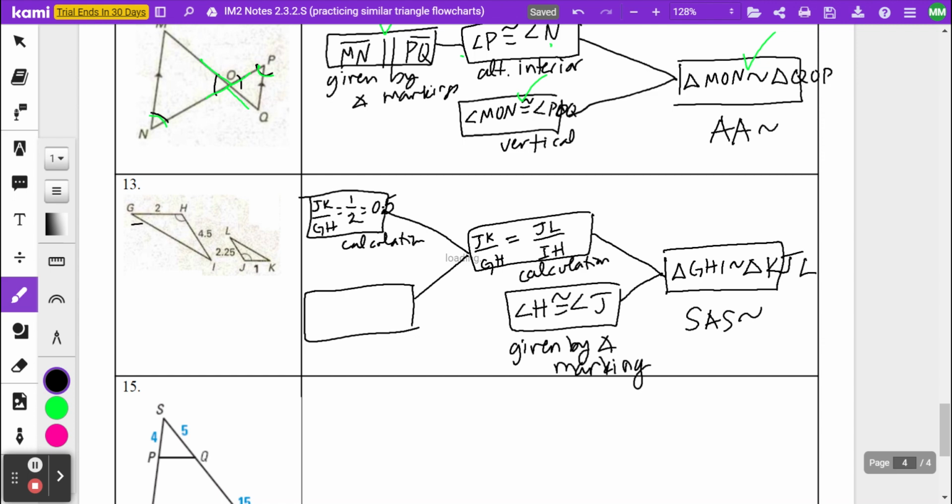All right, next I'm doing JL over IH, which is 2.25 over 4.5, which is also 0.5 by calculation. So this proof worked out. 0.5 equals 0.5, so the corresponding sides are proportional, and they have an included angle. So by side angle side, the triangles are similar.